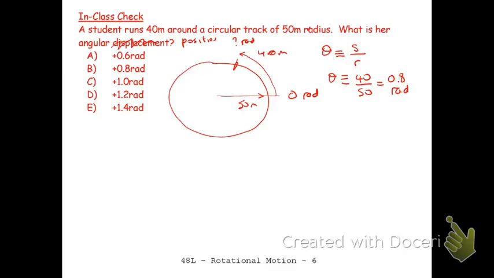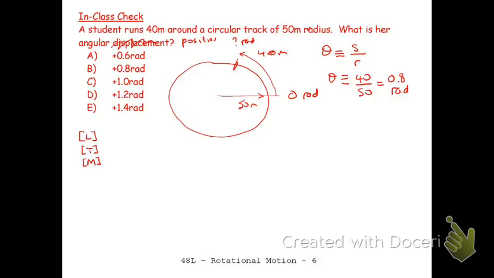Think about your L and your T and your M. It's a length over a length, meters over meters, which is nothing. So it's a unit representing a dimensionless thing.